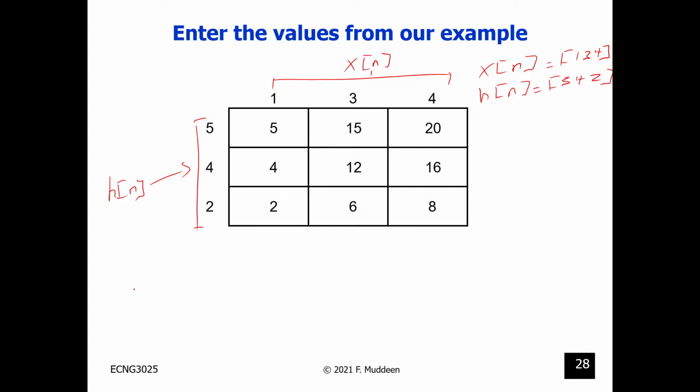Okay. So, writing this here. Make sure you do not flip h of n for the convolution table. That is one typical mistake that some people unfortunately make when they're doing the convolution using the convolution table.